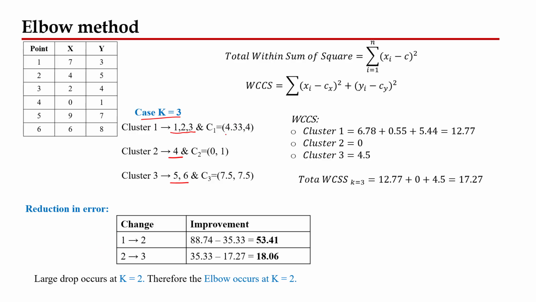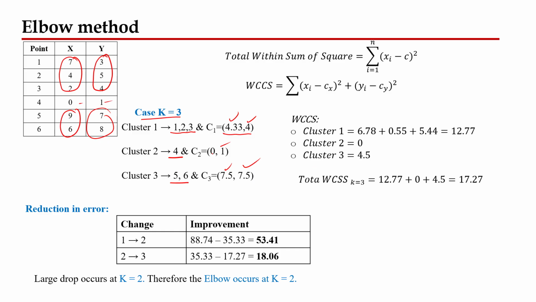Once again we find the center points. The average of this one is 4.33, and for cluster 2 the center point is the point itself, because we have only one point. For cluster 3 we have the center point of these two observations.